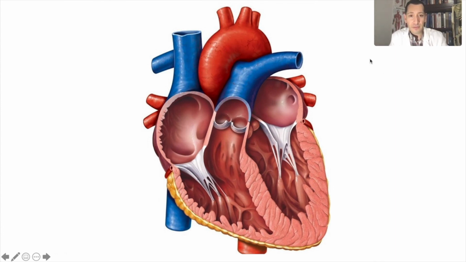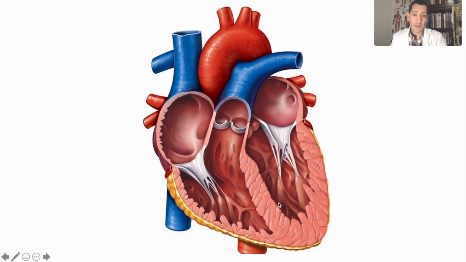But this chamber here, the left ventricle, has to pump blood all the way up through the neck, up to the head, all the way down to your toe, and all the way back up through the superior and inferior vena cavas, and back to this chamber.